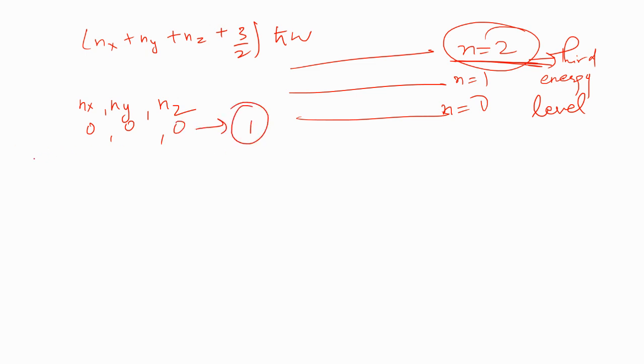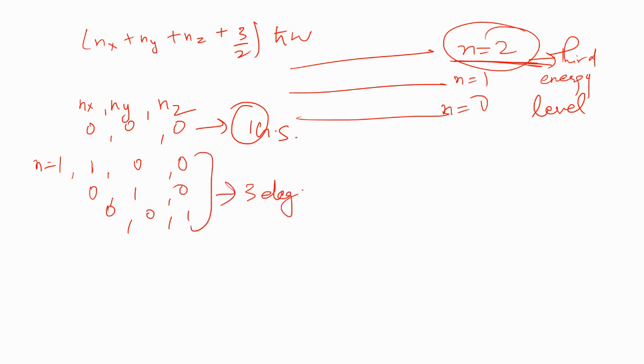For n equals 1, there are three ways: nx equals 1, ny 0, nz 0; I can also write 0, 1, 0, and 0, 0, 1. So three degeneracy.